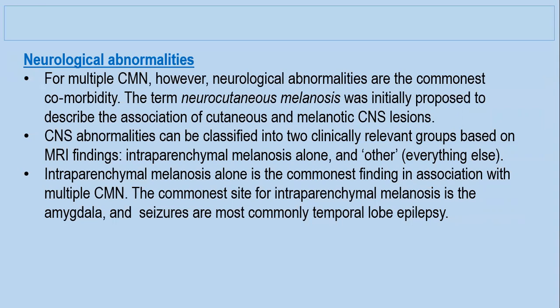Intraparenchymal melanosis alone is the commonest finding in association with multiple CMN, and the commonest site of intraparenchymal melanosis is the amygdala. And seizures are the most common clinical sign of temporal lobe epilepsy.